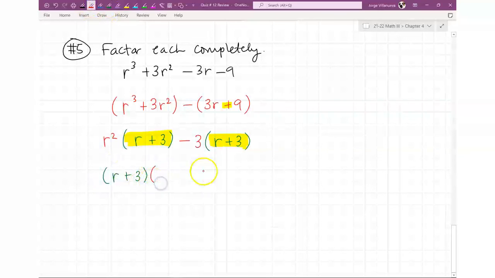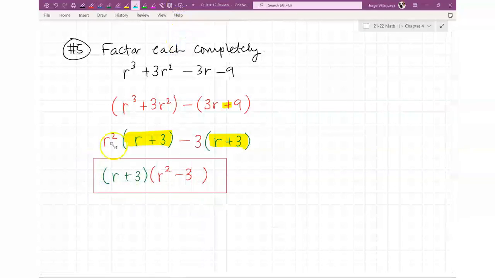What's my last factor here? R squared minus 3. Yeah, so there it is. It's whatever's left over, right? So it's this stuff here and that right there. That's what becomes your next factor. So this is what you guys have for your quiz.